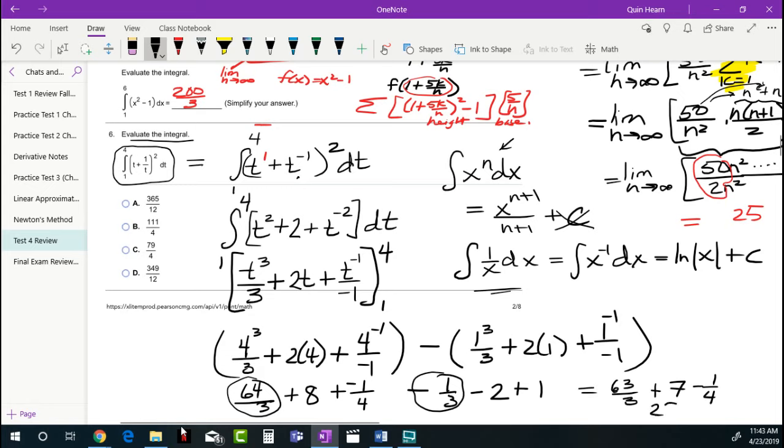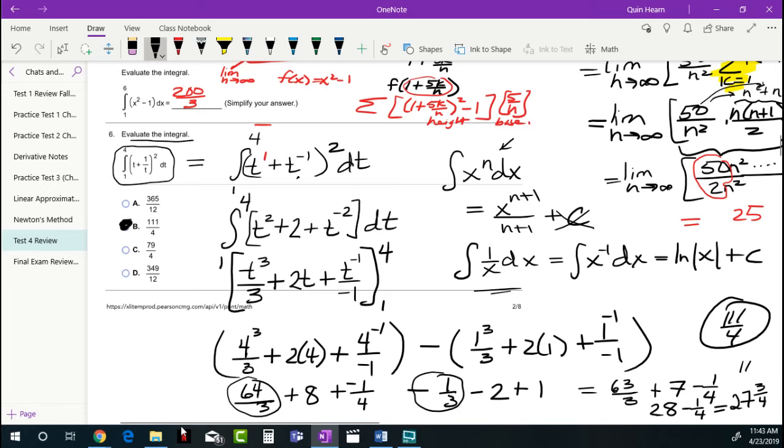Okay, so this is going to give us 64 thirds plus 8 minus 1/4 actually. And then on the right here, I'm going to do negative as I go. It's going to be negative 1/3 minus 2, and then that would be a negative 1 at the end, but I'm going to change it to a positive 1.